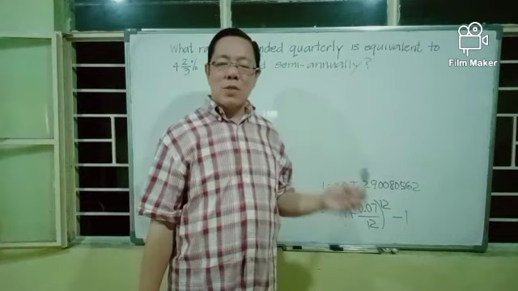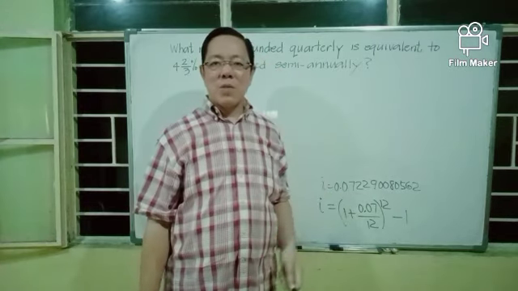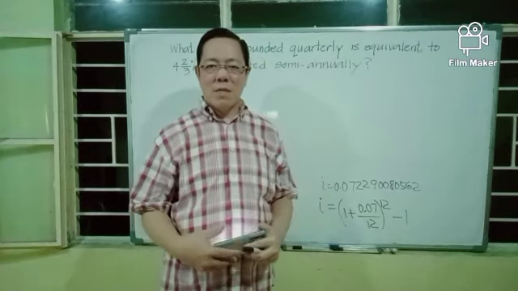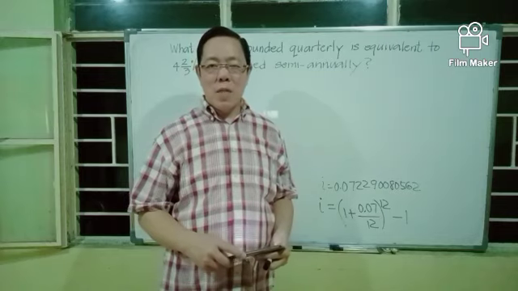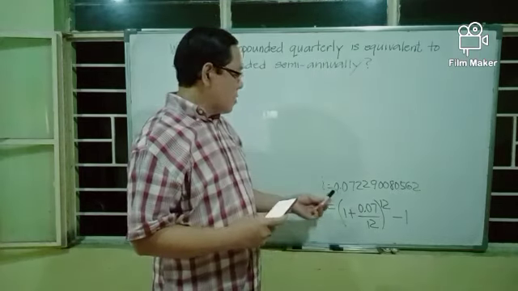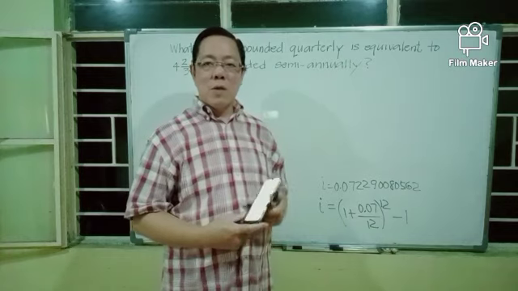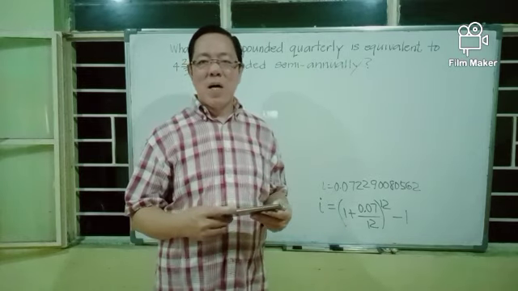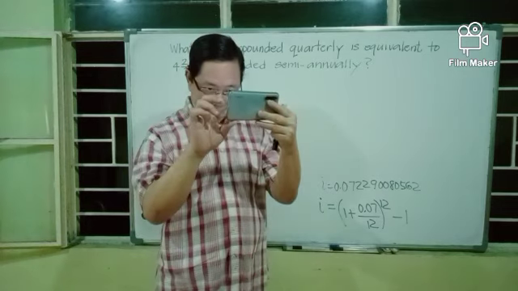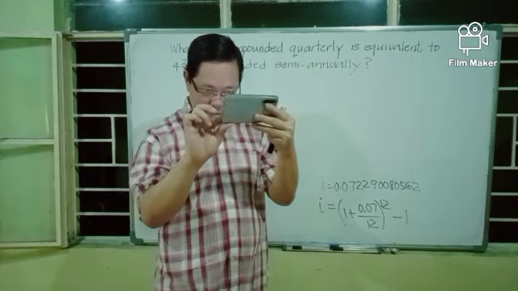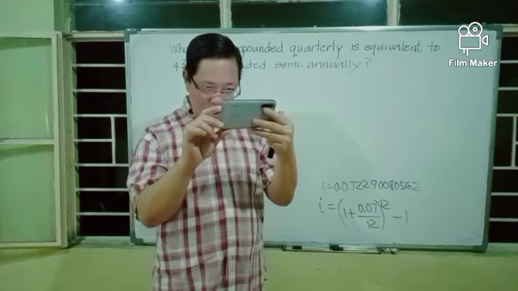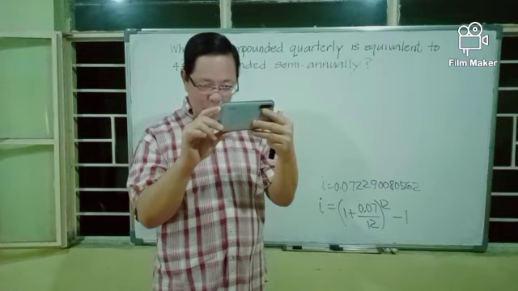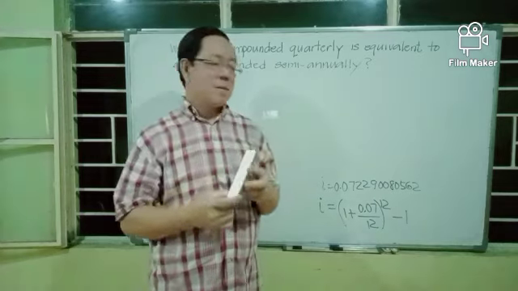To convert this to percentage, multiply that by 100% and round it off to 2 decimal places. So we multiply this. Do not remove that from your calculator. The answer in your calculator, you multiply by 100. And you should get 7.229.